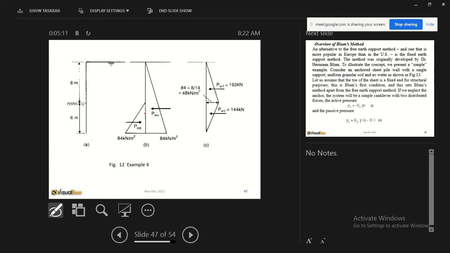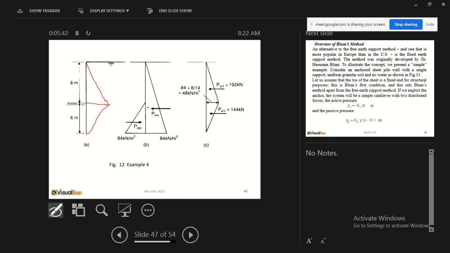So we assume that the overall effect is that these pressures cancel out each other, so throughout the length of the pile. That means the water pressure will rise to the maximum here and then reduce to 0 at the end. This is the net pressure distribution.